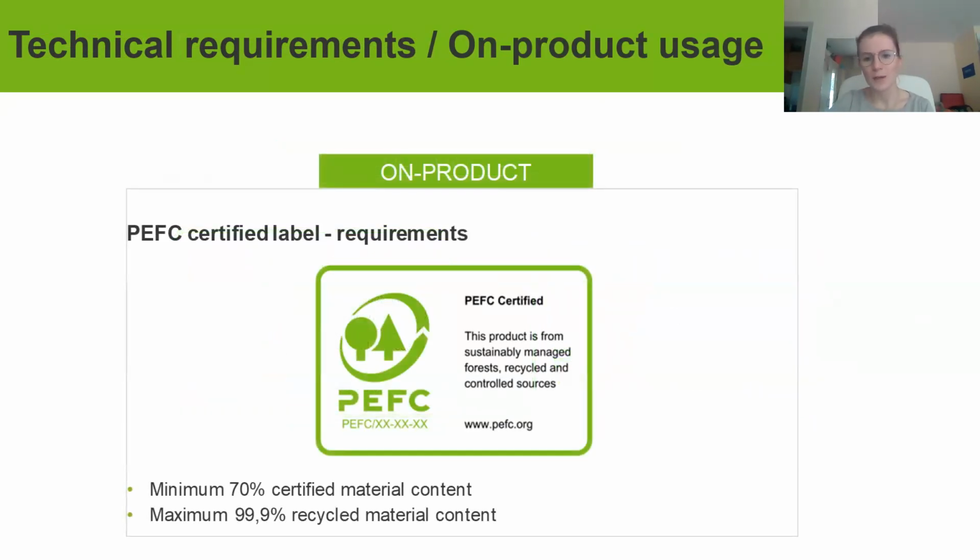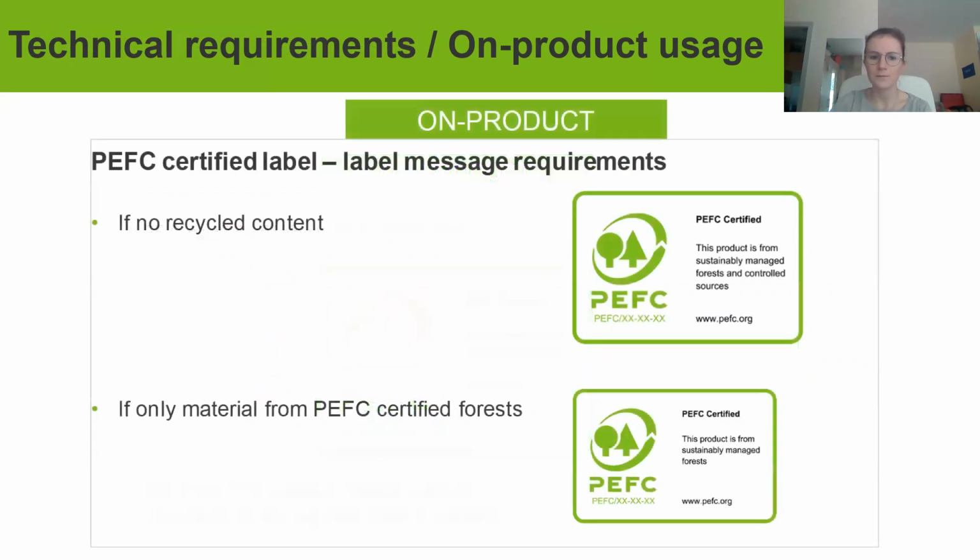In order to use the PFC certified label, the product must contain at least 70% PFC certified material and a maximum of 99.9% recycled material. If there is no recycled content at all in the finished product, then the word recycled may be taken away from the label message.